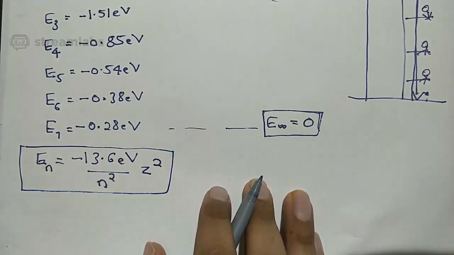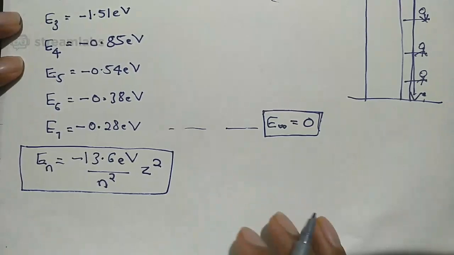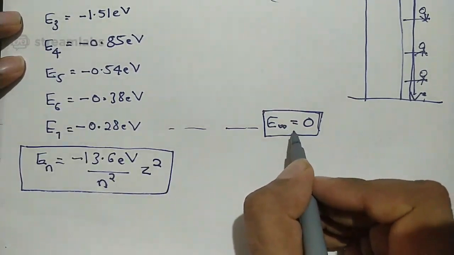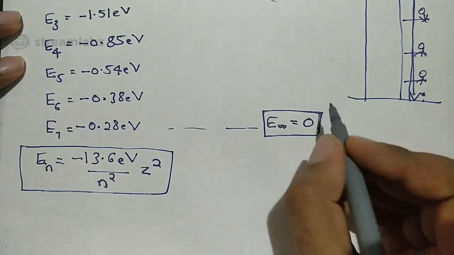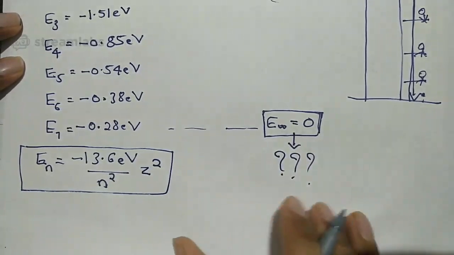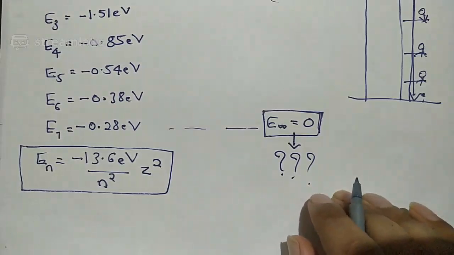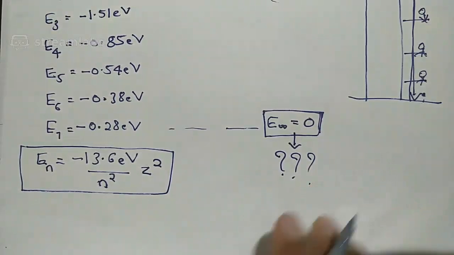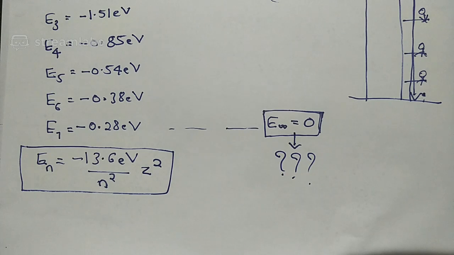Now in the previous point, I told you E infinity equal to 0. What is the significance of this? E infinity equal to 0 means your electron is not interacting with the nucleus. That means it is no longer bound to the nucleus. That means it is a free electron.